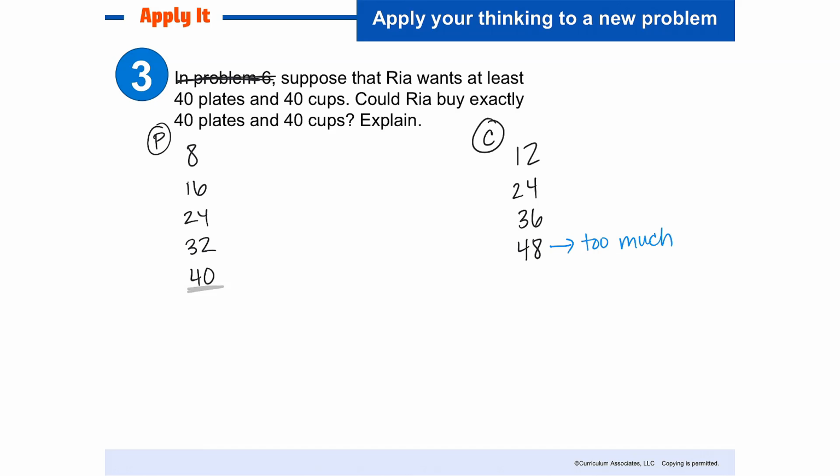Okay. So no, Ria could not buy them. Okay, so no, Ria couldn't buy 40 perfectly because they do not have that same multiple.